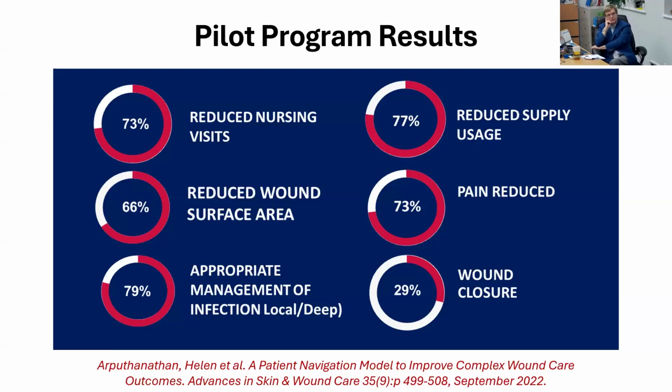We reduced pain in 73%, but with NERDS and STONEES, NERDS for local or covert infection, STONEES for deep and surrounding infection, and appropriate management, we improved 79% of these people. And we did 48 patients.